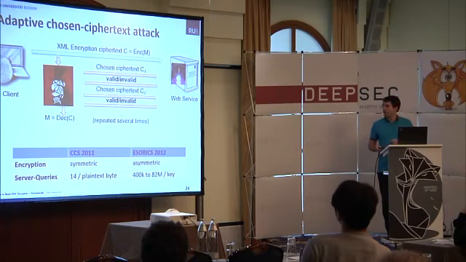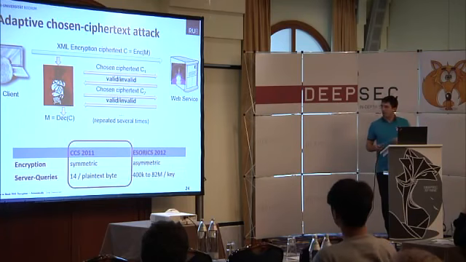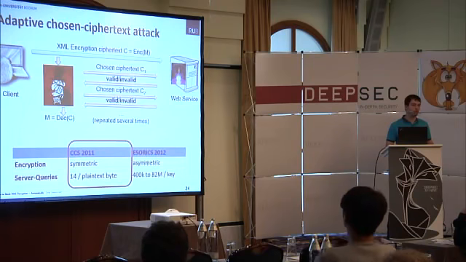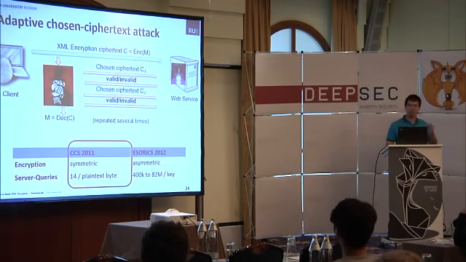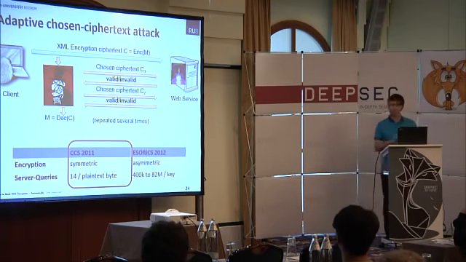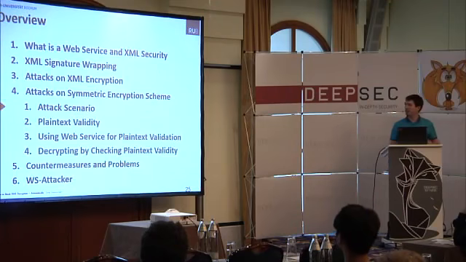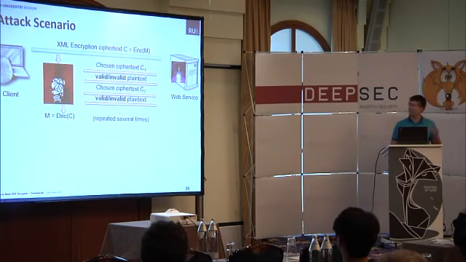Okay. Good. So in the next few slides, I will show you the basic idea behind this attack on symmetric encryption. So how does it work? It will be a bit of math, but don't worry, it's okay. So we start with the attack scenario, and we have, as already mentioned, this adaptive chosen ciphertext attack.